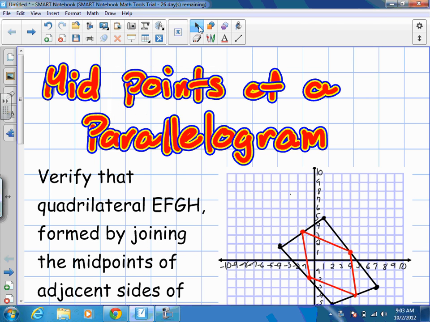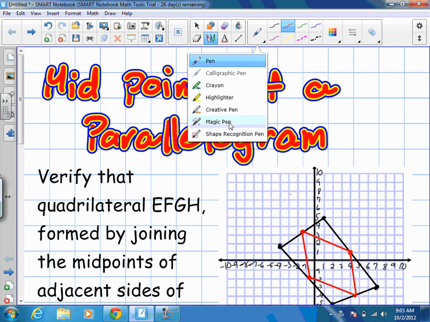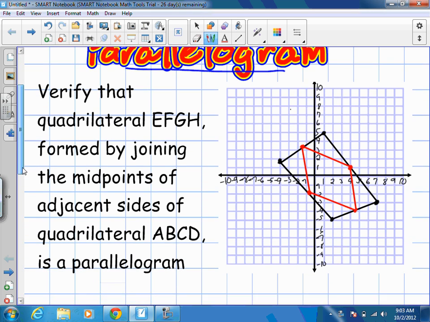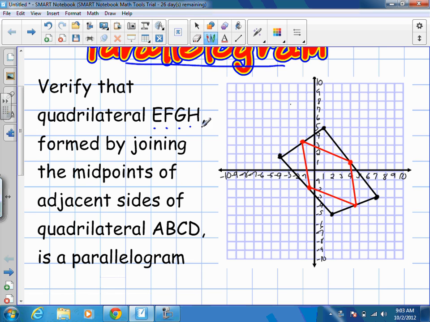Okay, we are going over midpoints of a parallelogram. The question asks us to verify that quadrilateral EFGH, formed by joining the midpoints of adjacent sides of ABCD, is a parallelogram.